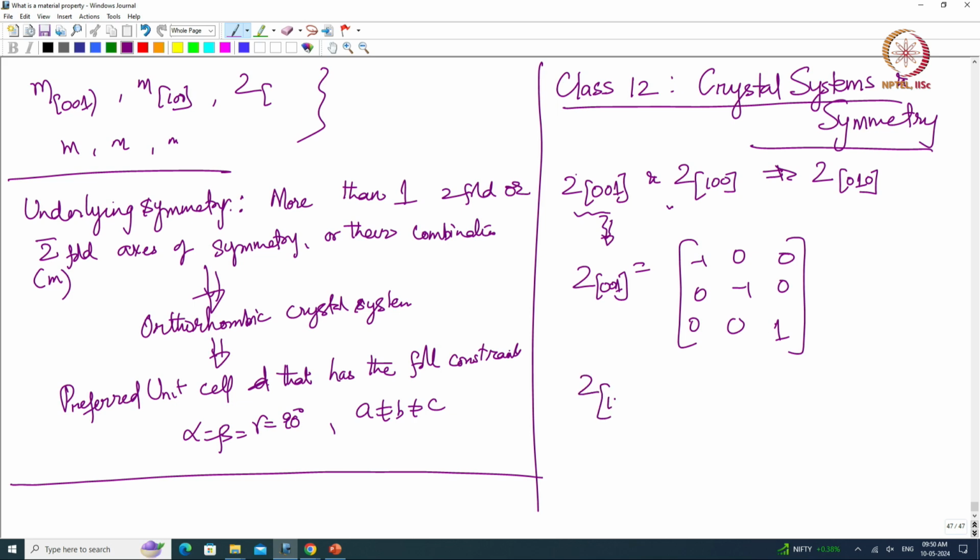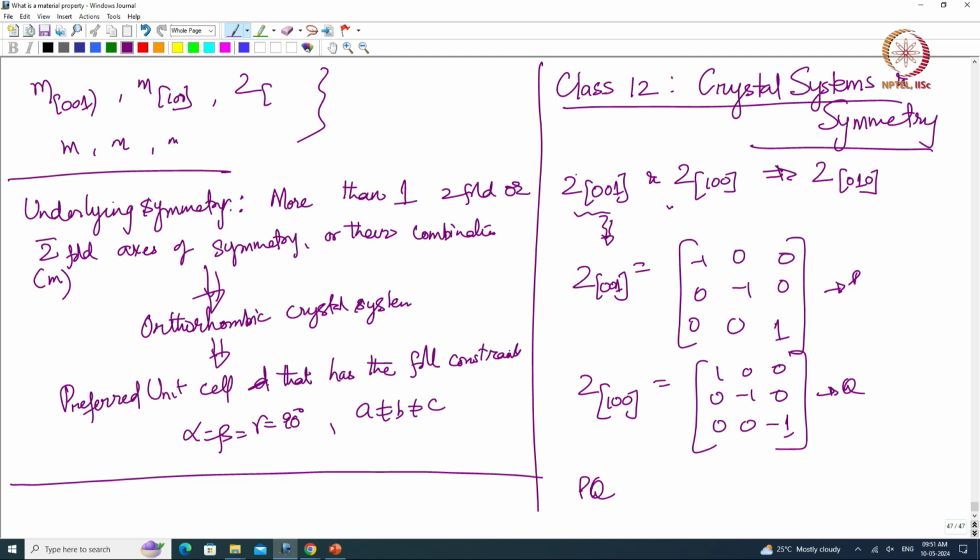And if I have 2 1 0 0, this is the transformation matrix, 0 0 minus 1. And I am going to tell you when I do point groups that if I multiply two operations in a group, then I should get a third operation which also belongs to that group, right. So, I call this operation P, I call this operation Q, and if I multiply P and Q, I should again get another operation which is in the group itself, right.